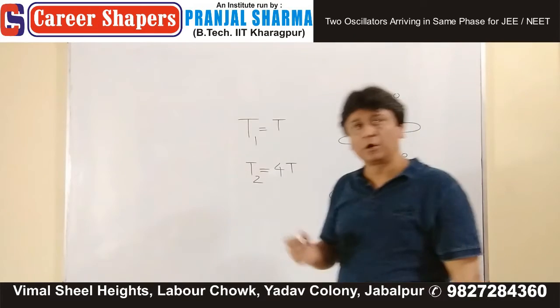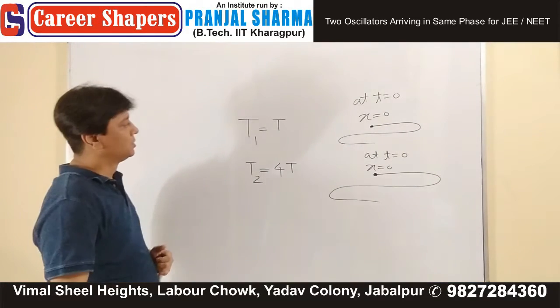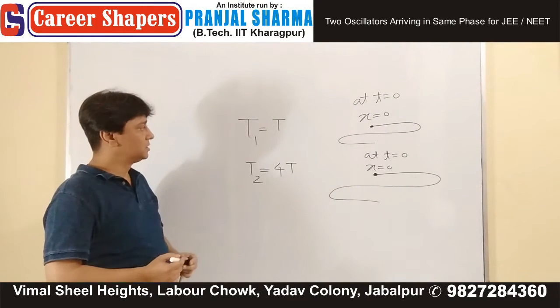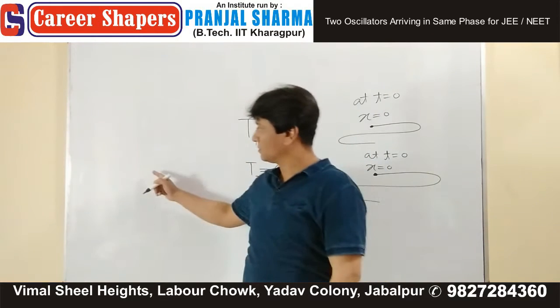Everybody knows about circular motion interpretation of simple harmonic motion. So these two oscillators are basically this.